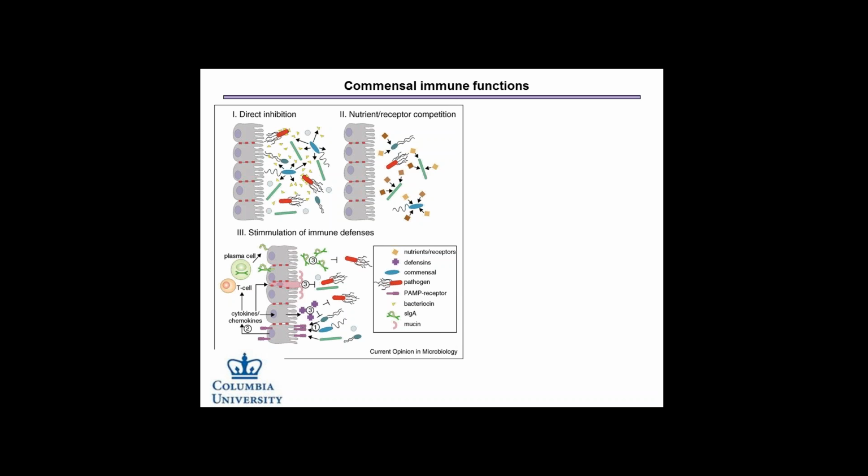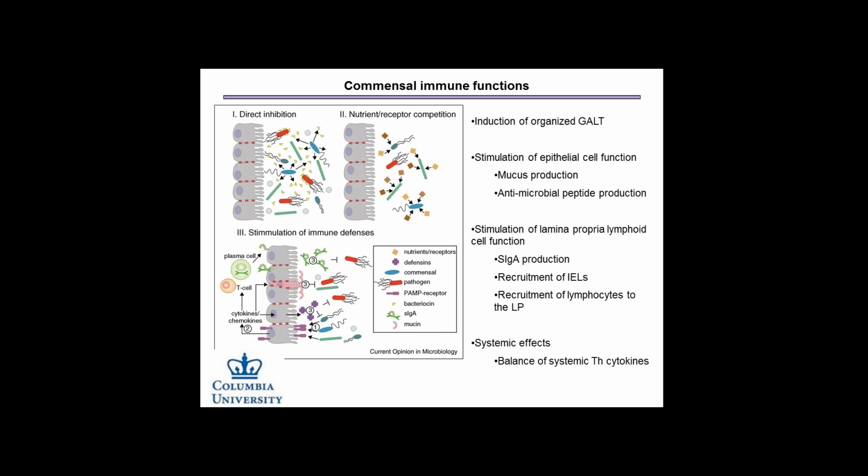And the third most important way by which commensals provide immune functions is that they can stimulate the immune defenses of the host, or they can affect the immune repertoire of the host. And I have listed here several ways by which we know they can do that. They are important for establishing the normal anatomy of the immune system in the mucosa.